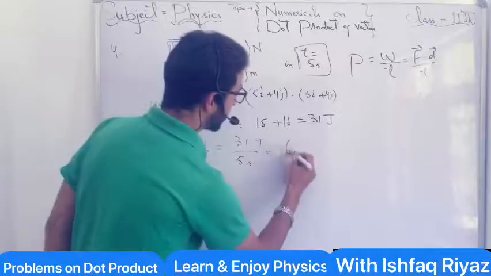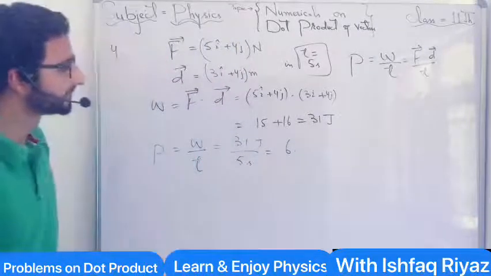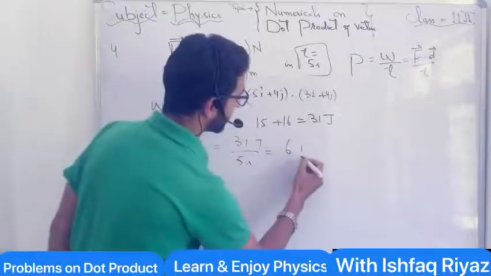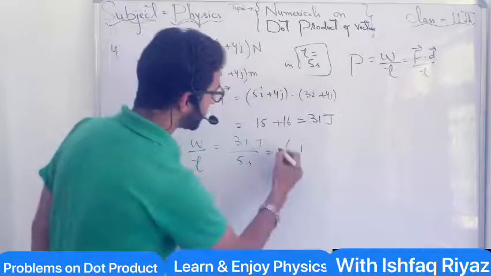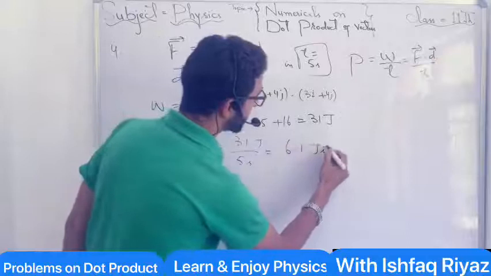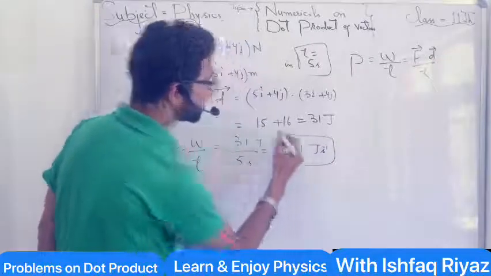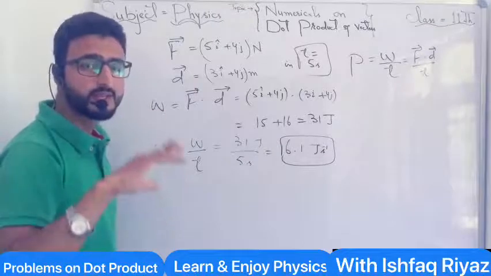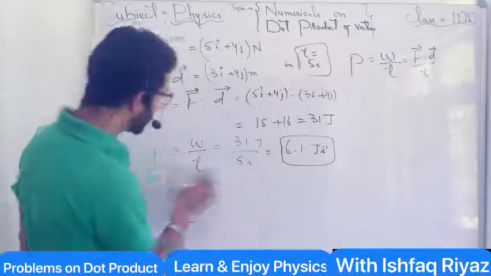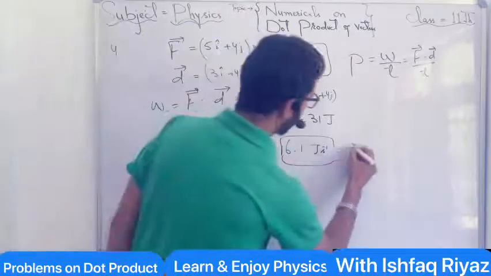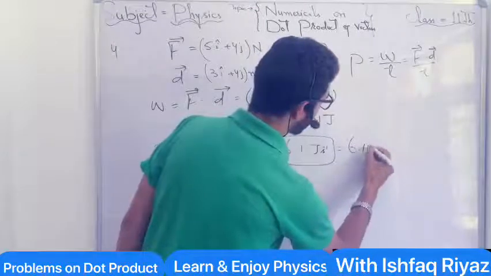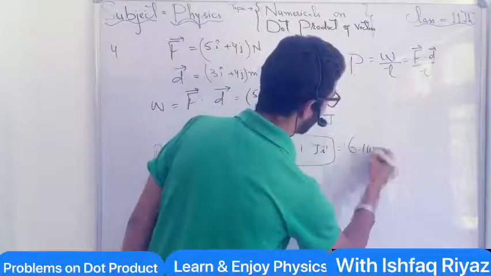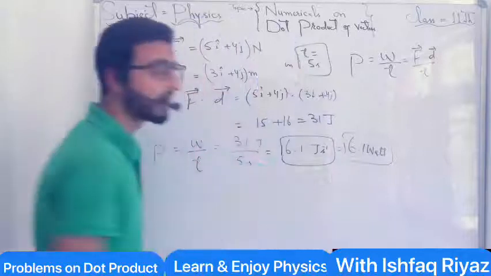So this will be 6.2 joule per second. Do you remember this joule per second? What is it called? This is basically watt. Because the SI unit of power is watt, the power will be equal to 6.2 watt. This is how we calculate power, right?